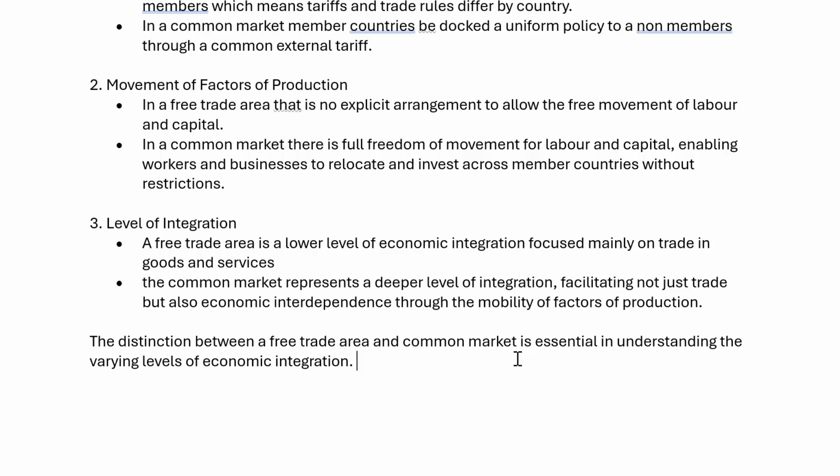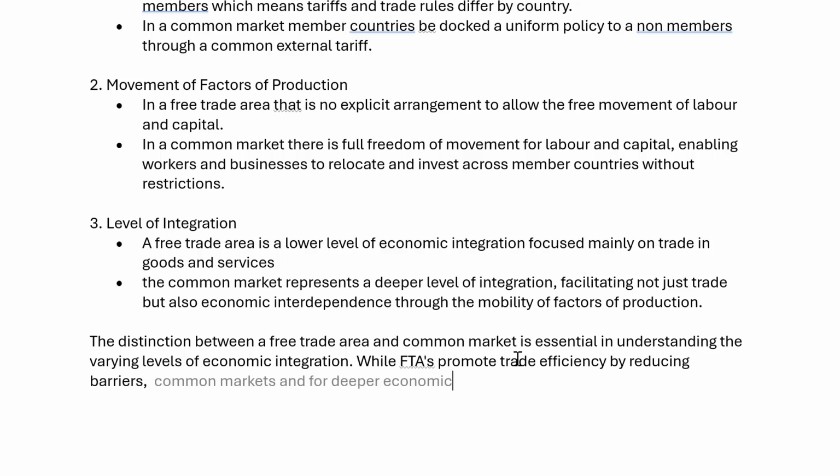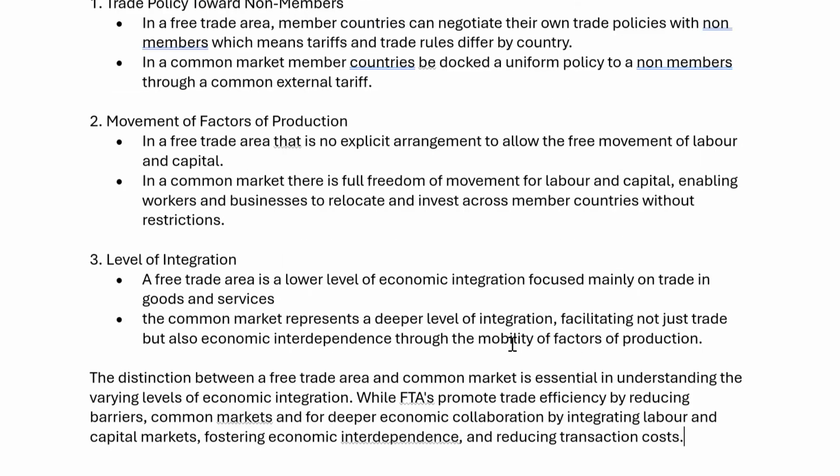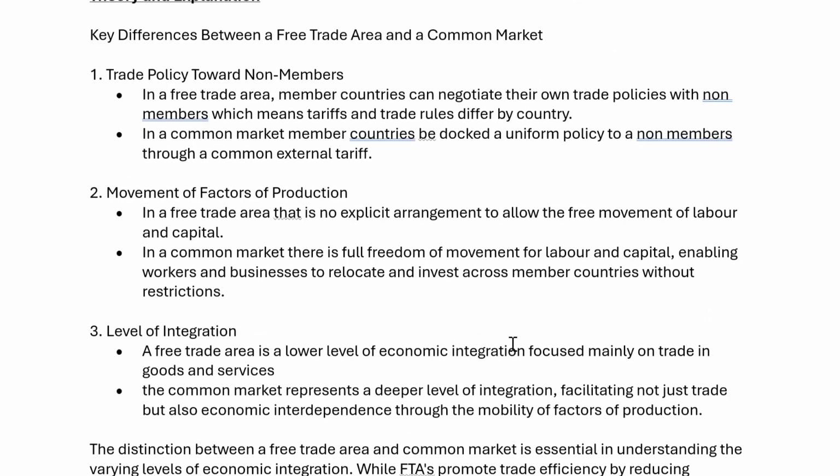While FTAs promote trade efficiency by reducing barriers, common markets aim for deeper economic collaboration by integrating labor and capital markets, fostering economic interdependence, and reducing transaction costs. Good. So I think that about will do it for the theory and explanation.